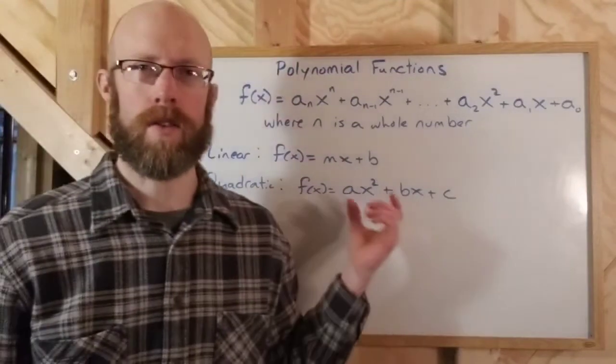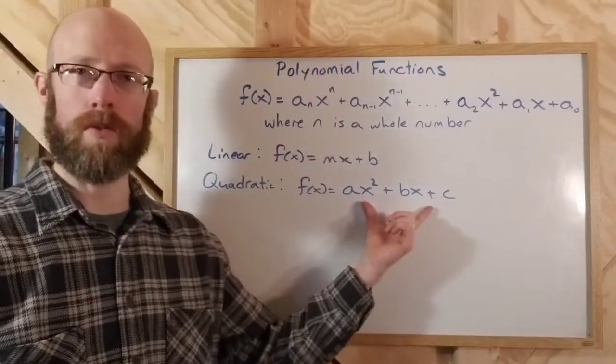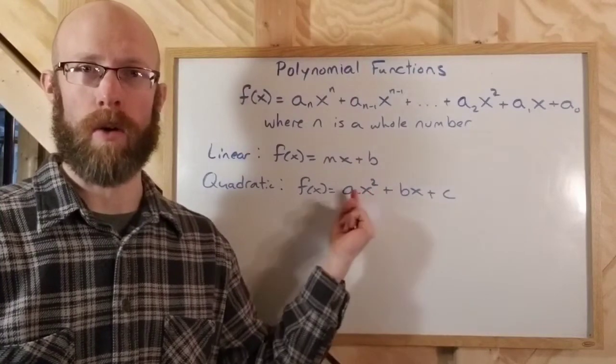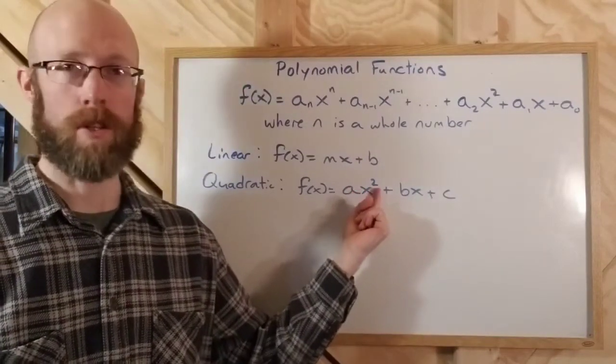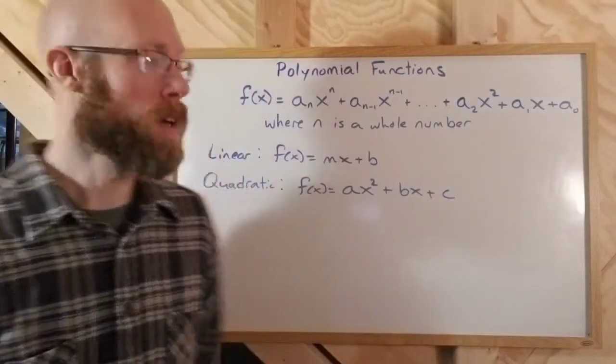Okay, these are polynomials of degree 1 and degree 2, the degree being the largest power on the x, right? Degree 2 because there's an x squared, degree 1 because there's an x to the 1.